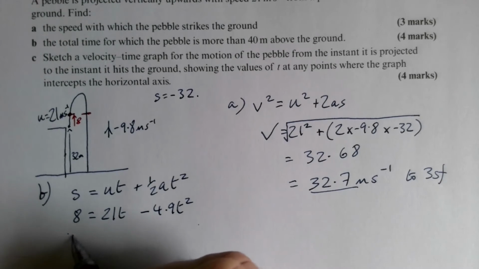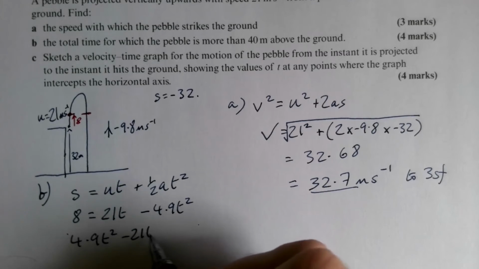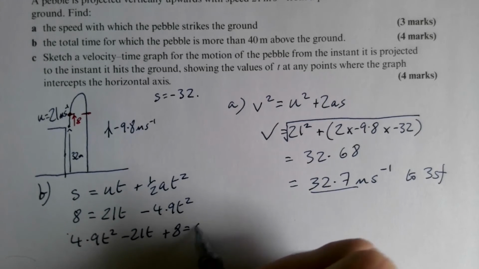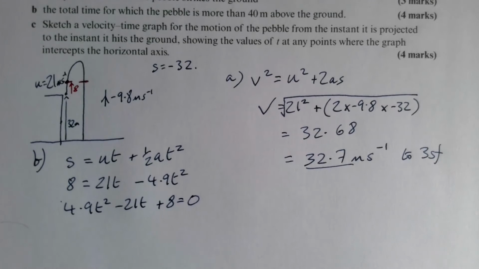Now if I rearrange that to give me 4.9 t squared, take 21t plus 8 equals 0, I've got more than one way I can do it.